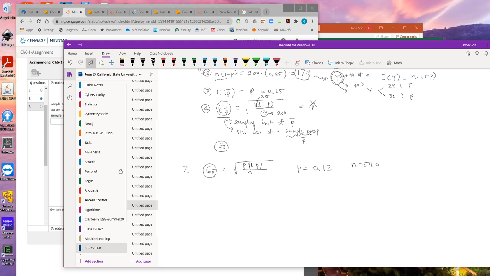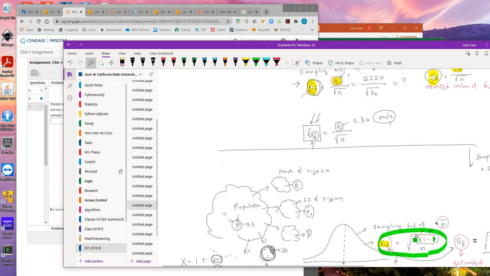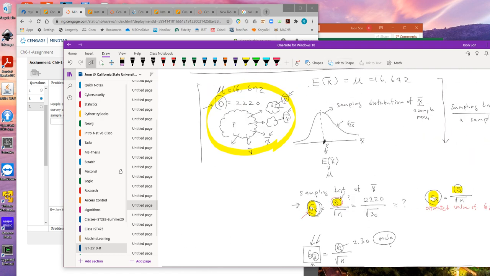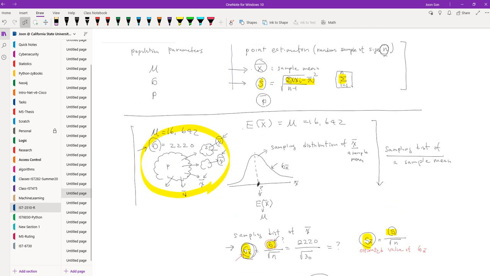I know that solving the problems is not too difficult, and the formulas are all relatively simple, but I want you to know the concepts. It's not just solving the problems. First, the point estimators, that's the main concept.